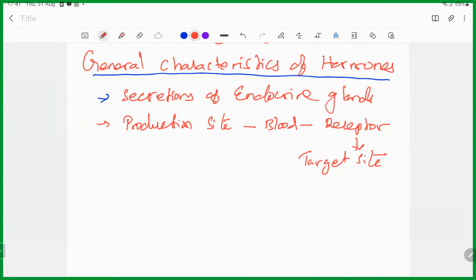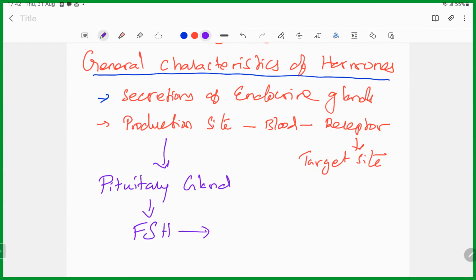Let's discuss this with an example. What is FSH? We have the pituitary gland. The pituitary gland is the production site. For example, FSH. FSH stands for follicle stimulating hormone. Where is the pituitary gland present?